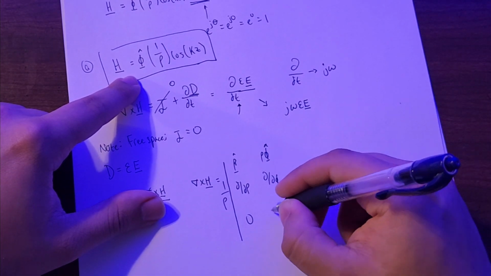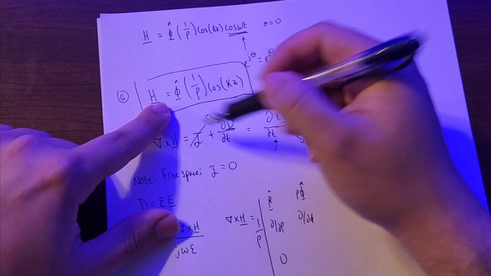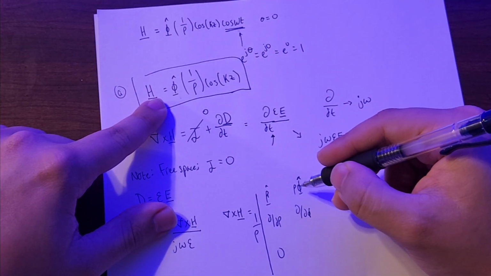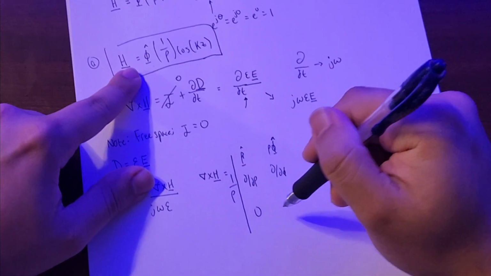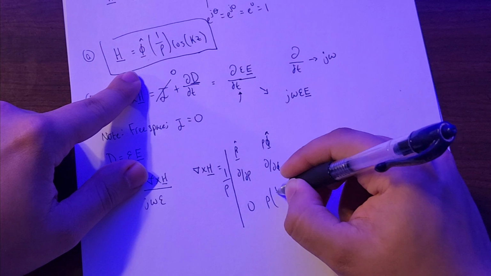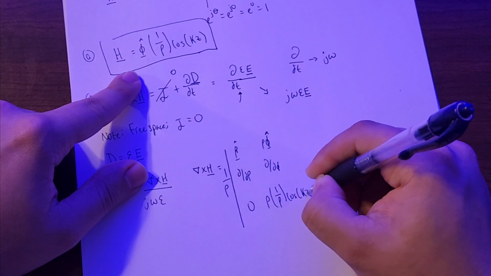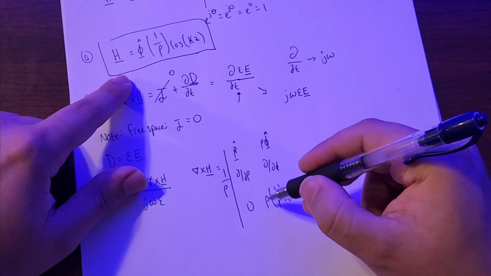And now we write out our phi hat here. But this is rho times unit vector phi hat. We don't have that here. We need to make sure to multiply by rho. Sorry. So now it's 1 over rho cosine of kz. Hope y'all can see why I multiplied by rho.